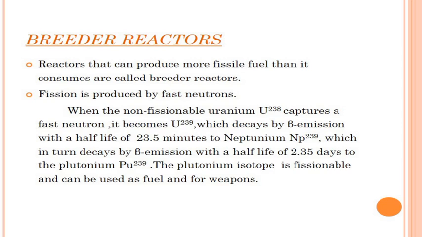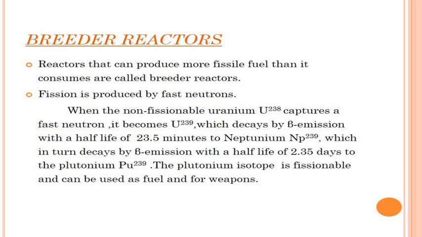That is, there is less natural abundance of uranium-235, so we are not able to obtain uranium-235 in large amounts. So what we are doing is transforming non-fissionable nuclei into fissionable ones.